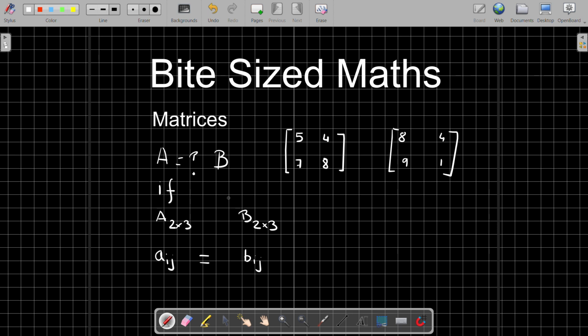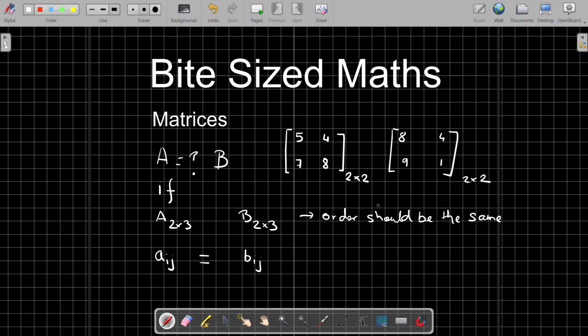Now these two matrices clear the first condition, that the order should be the same, as both of them are 2 by 2 matrices.